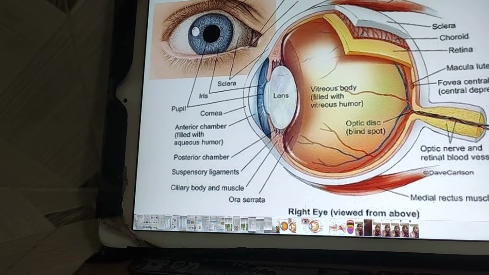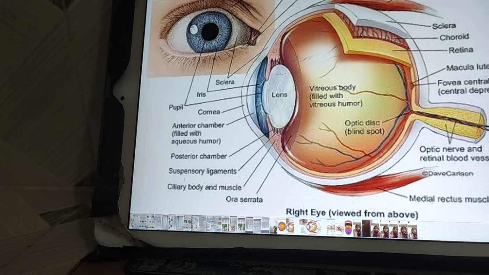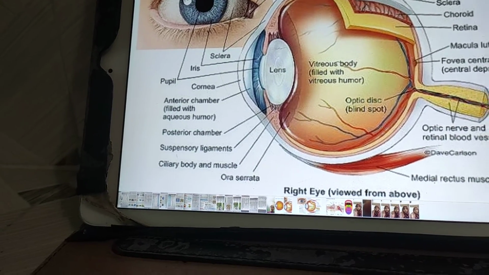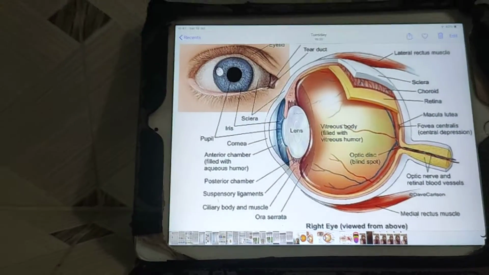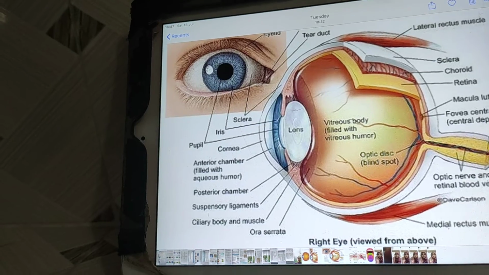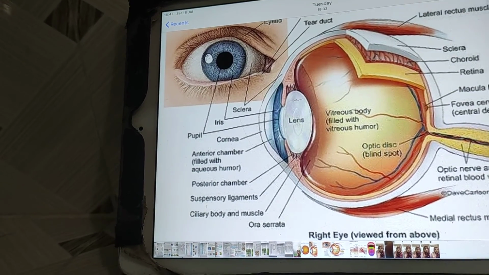And last of all, we should eat green and leafy vegetables and fruits regularly, and also take vitamin A. Vitamin A helps protect us from night blindness.